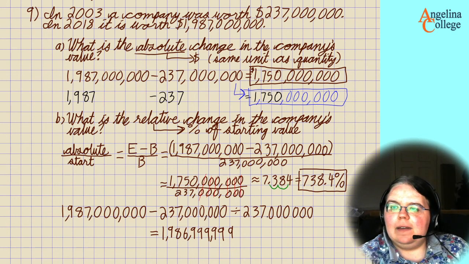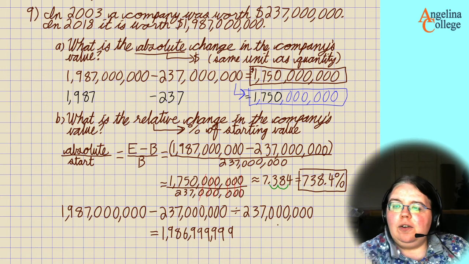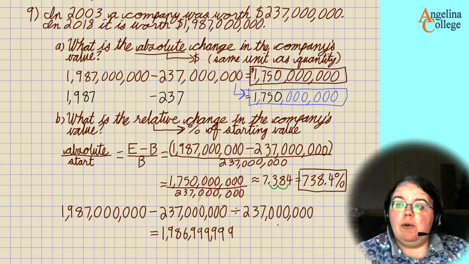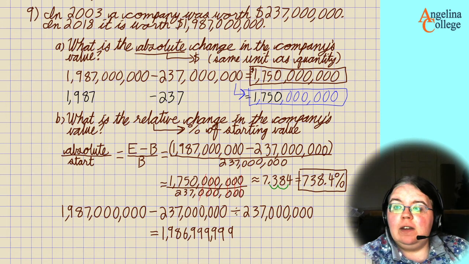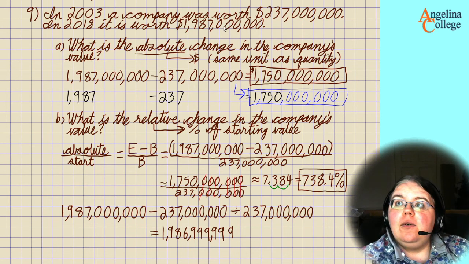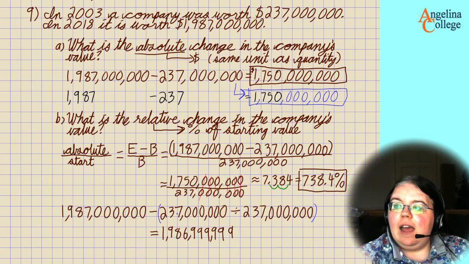What happened? Well, it turns out my calculator, probably your calculator too, knows about the order of operations. So in the order of operations, division comes before subtraction. And so your calculator reads this problem when you put it in this way as divide first and then subtract what you get from that. Well, we've got the same number here. So when we divide it by itself, it makes 1.